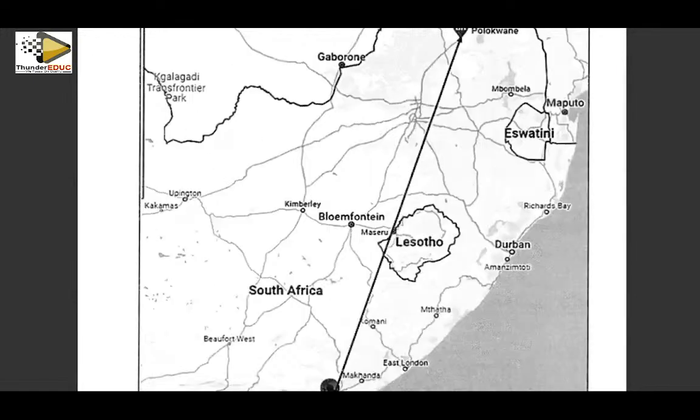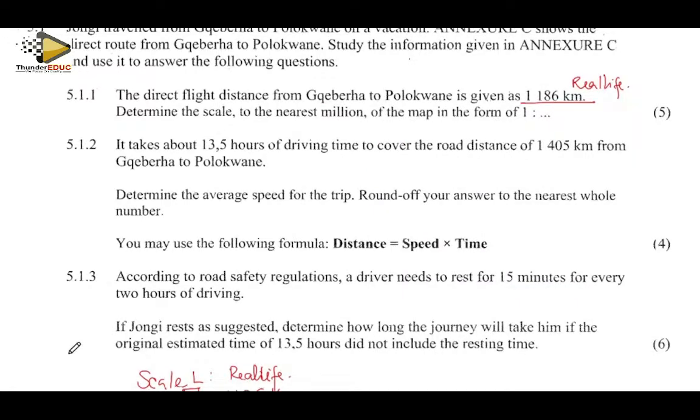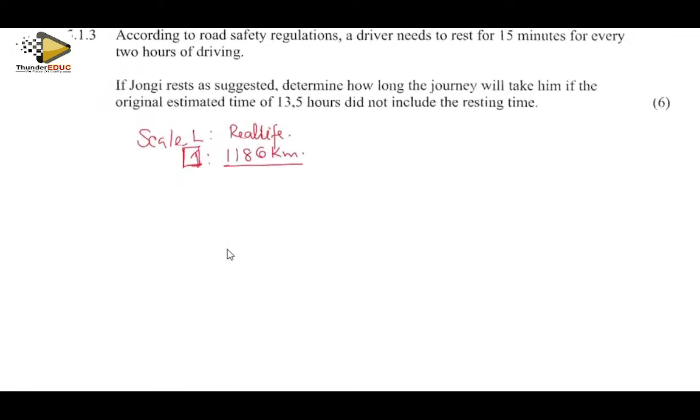All right. When I measured mine, I got 150 millimeters. That was 15 centimeters. So simply meaning 15 centimeters, which is 150 millimeters, are equivalent to 1,186 kilometers in real life.